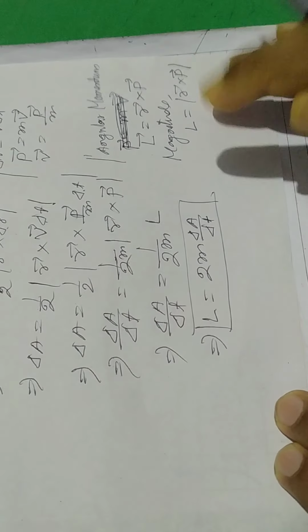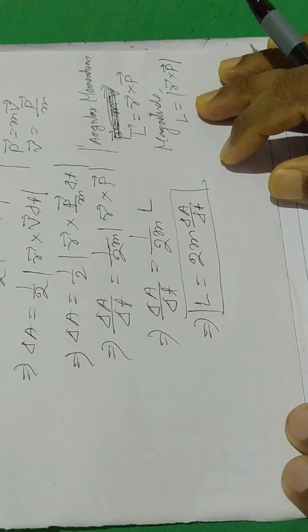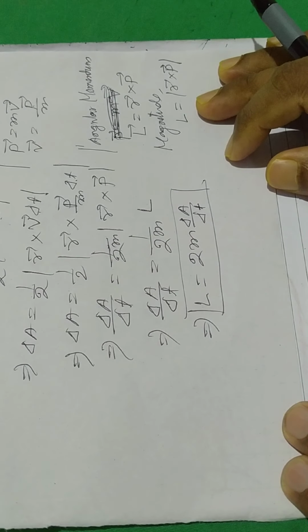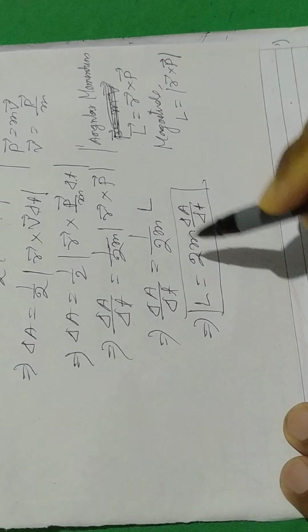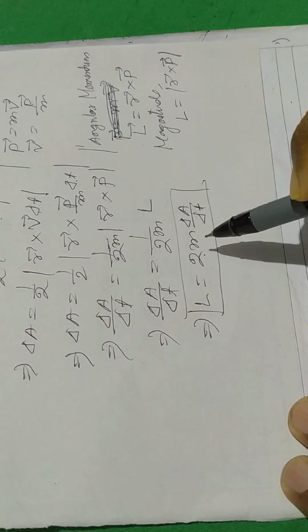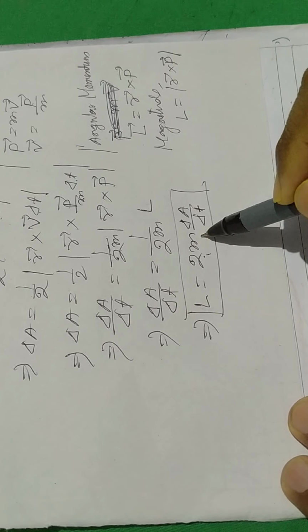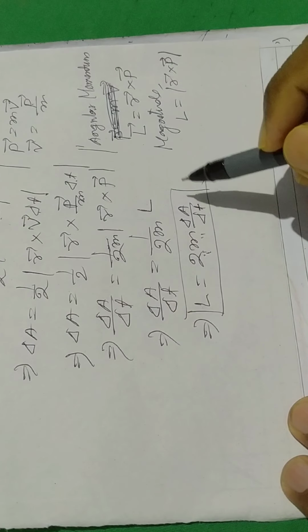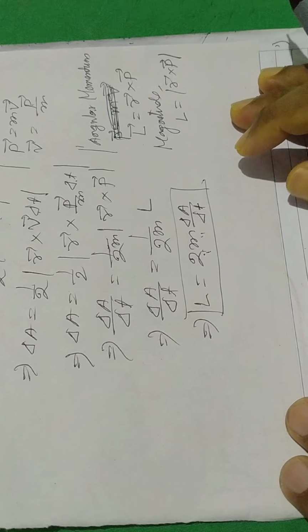So this is the angular momentum of the particle when the particle is rotating about an axis of rotation. That is, the angular momentum of the particle is twice the product of mass and areal velocity.